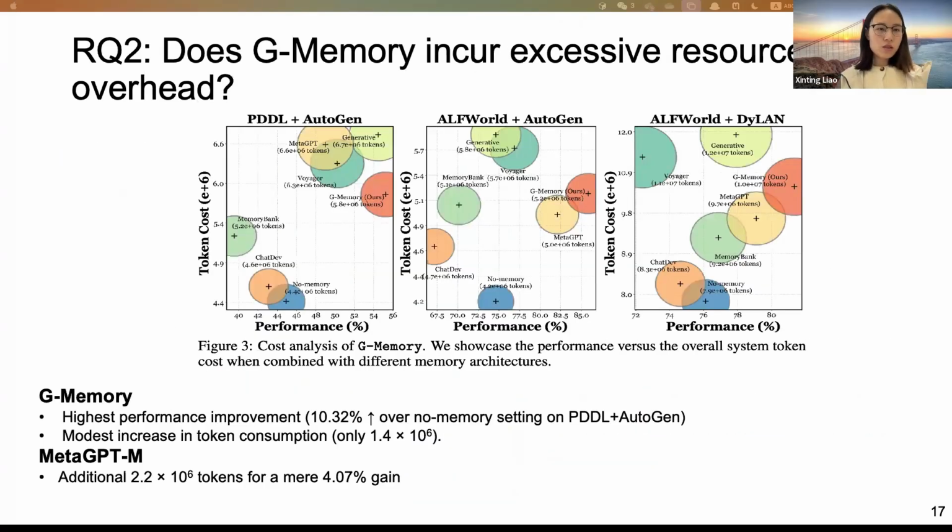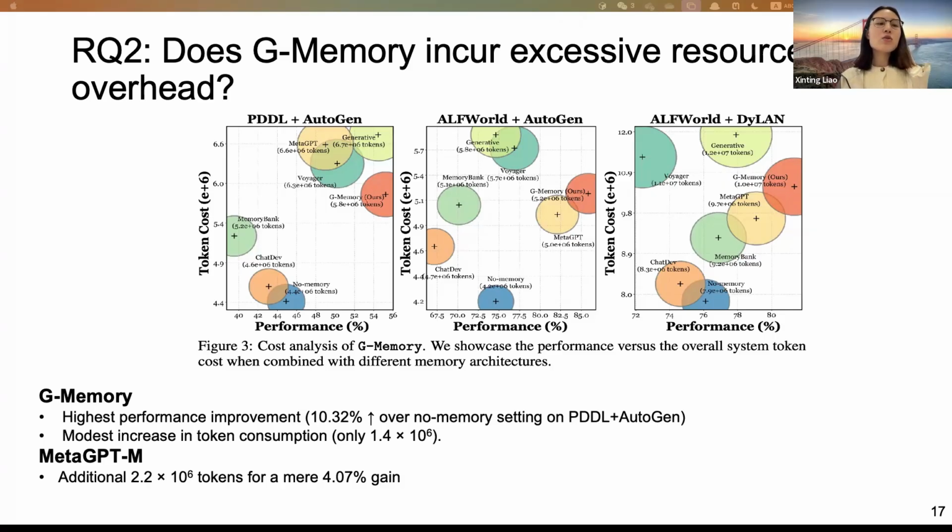In the evaluation of the trade-off between token cost and performance, G-Memory achieved the highest performance improvement over the long memory setting, but it only modestly increased the token consumption.